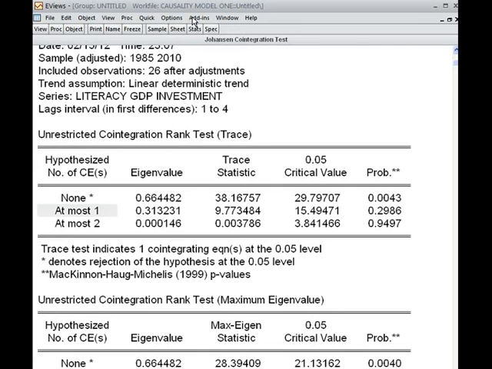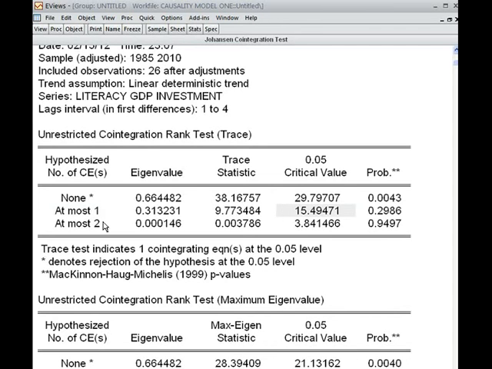And also we can see from here that trace statistics 9.777 is smaller than critical value 15.94. So we also cannot reject null hypothesis, meaning that we accept null hypothesis.